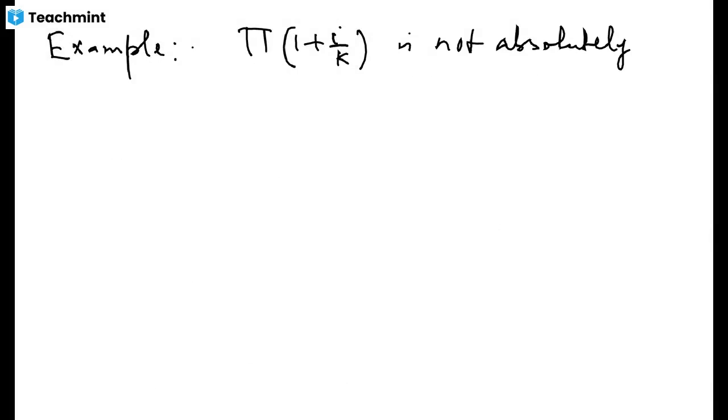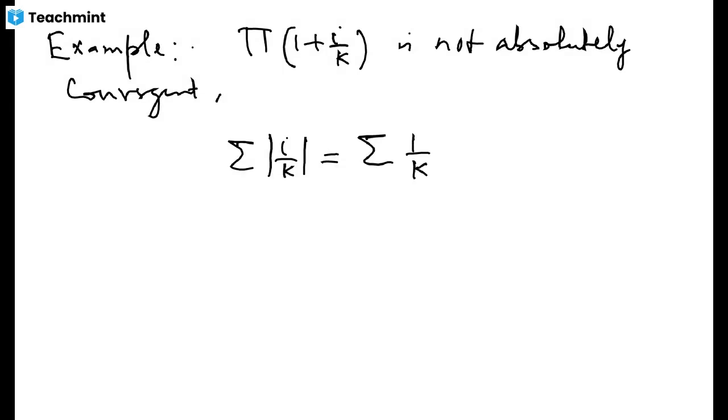This is not absolutely convergent. Why? Because अगर ये absolutely convergent होता तो आपके पास series summation made up of i/k, this would have been absolutely convergent. But ये absolutely convergent होने का मतलब इसके mod को लेके जो series form करते हो, तो mod of i/k आपके पास 1 होता है, so this is 1 upon k.